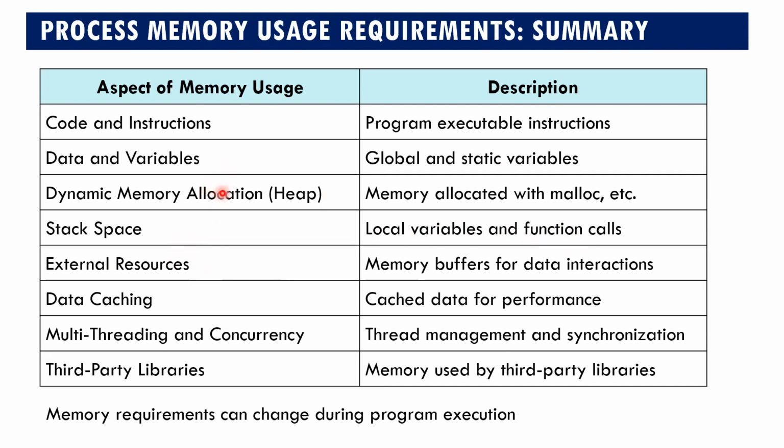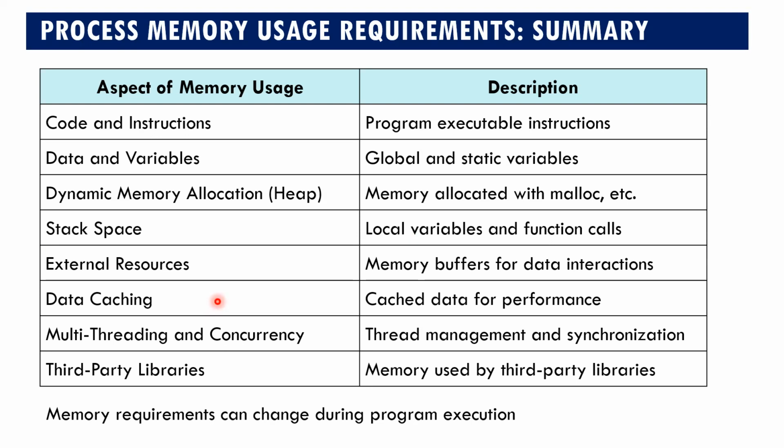In addition to these 4 segments, memory is also required for a process whenever there are data interactions with external resources, and whenever data caching mechanisms are implemented. For example, if we look at the memory hierarchy, on top we have the cache memory, below that we have the main memory, and then we have the disk storage at the bottom. As we move from top to bottom, the speed decreases, whereas the memory capacity increases.